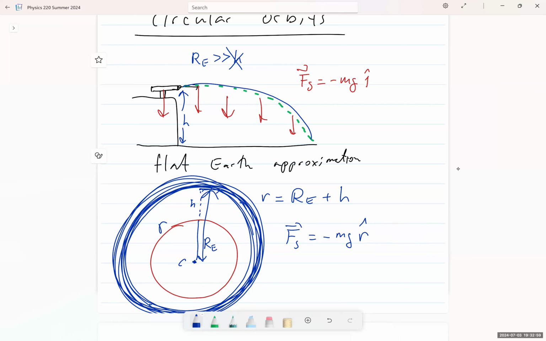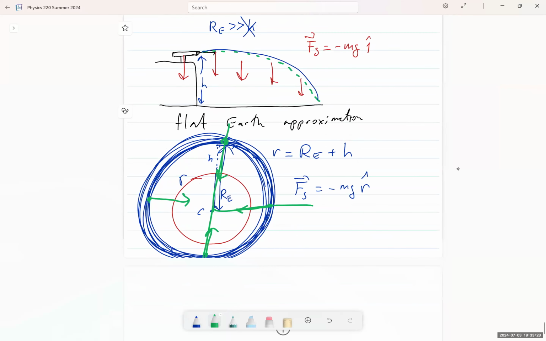R hat is the notation for the radial direction, toward the center. If it's here, toward the center; if it's here, toward the center. So it doesn't have a fixed i hat, j hat direction. It's always a radial direction.